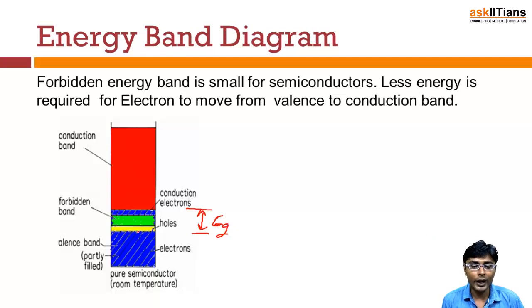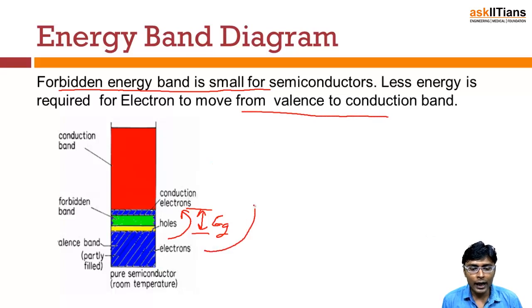That means we need to provide some external voltage or temperature to free the electrons and bring them from the valence band to the conduction band. So the forbidden band gap is small for semiconductors, and less energy is required for electrons to move from the valence band to the conduction band.